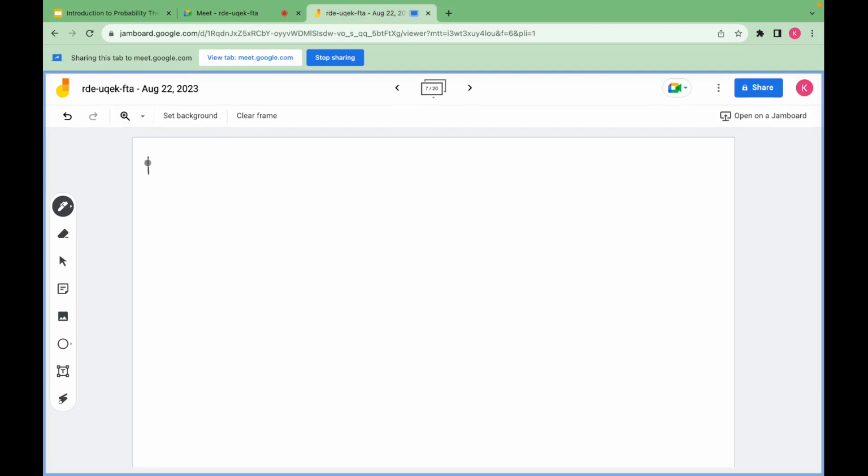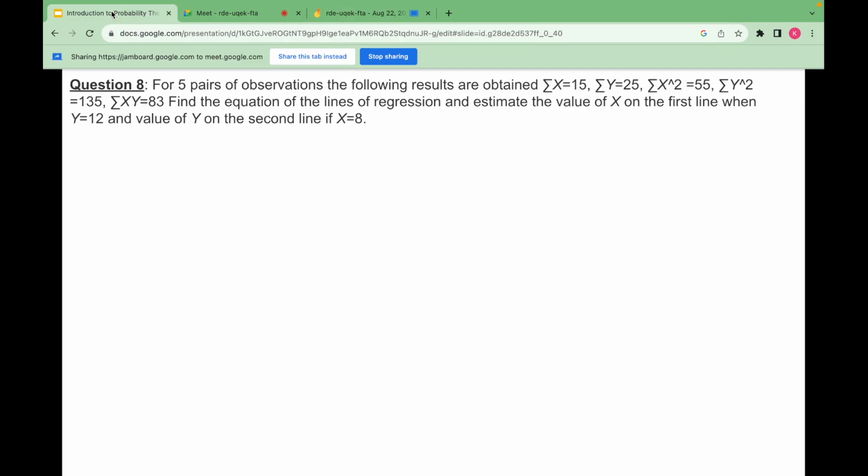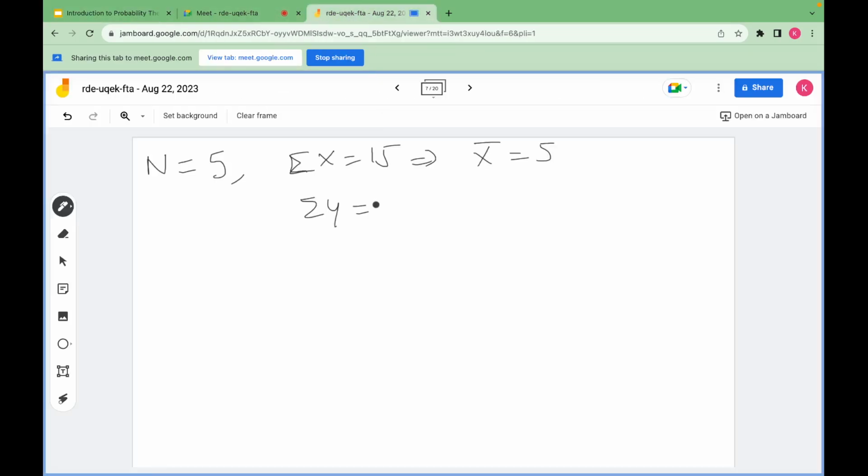So n is equal to 5, sigma x is 15, so x bar is equal to 3. Sigma y is given 25, so y bar is 5. Now we will find this bxy.